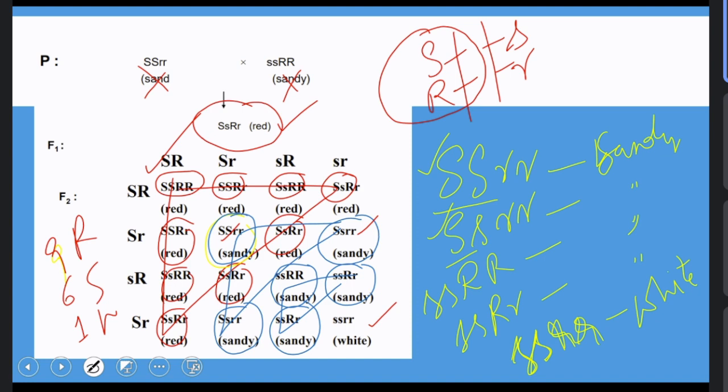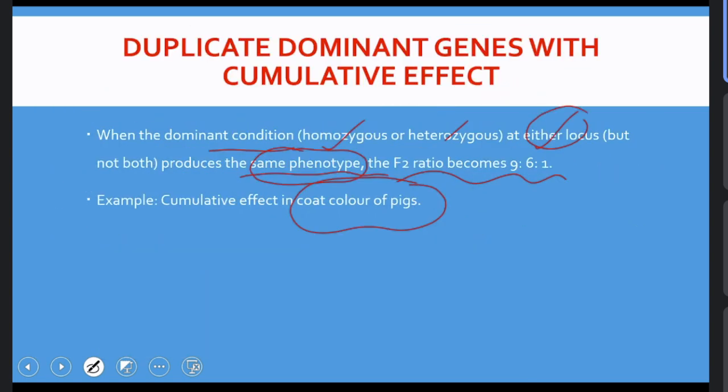And what the scientists say is, to produce a red color, here there is a cumulative effect, additive effect of these two genes. And hence, this type of interaction is called as duplicate dominant genes, which are giving rise to the same phenotype.